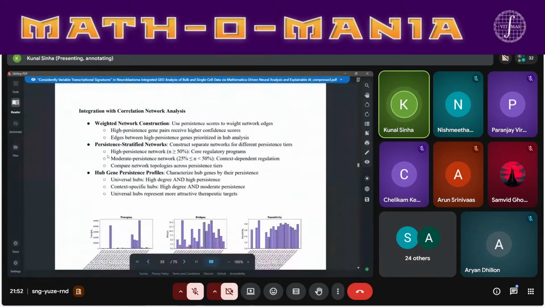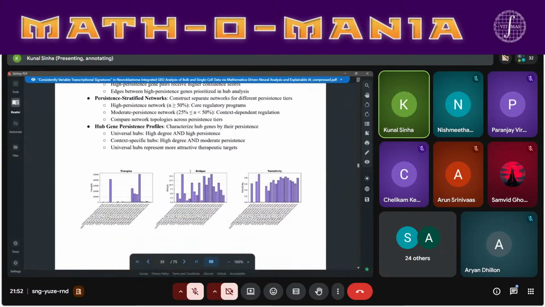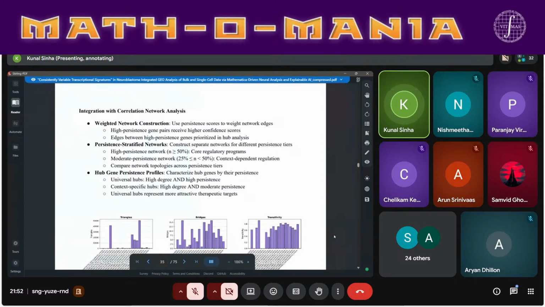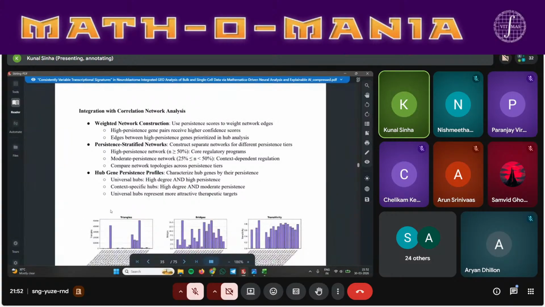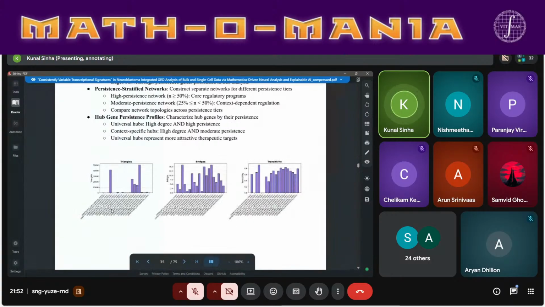Now, integration with correlation networks, basically. There is this thing called a clique in a graph. A clique is basically a set of nodes in a graph that form a complete graph. So we have the triangle clique here, as you can see.